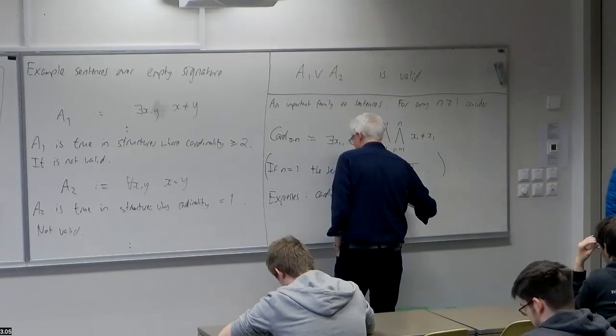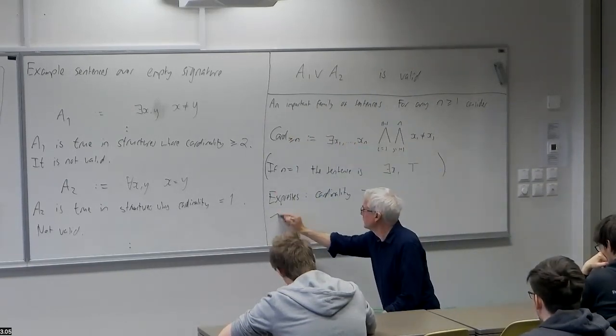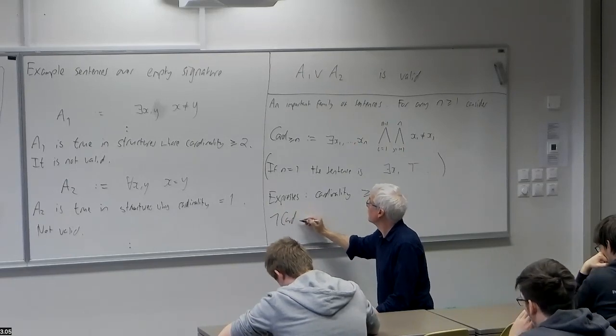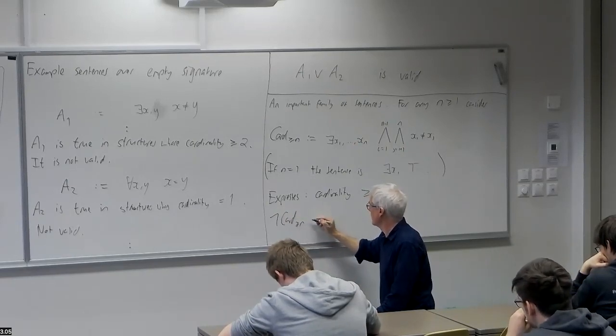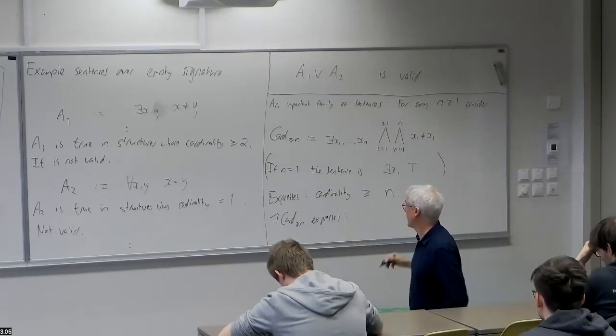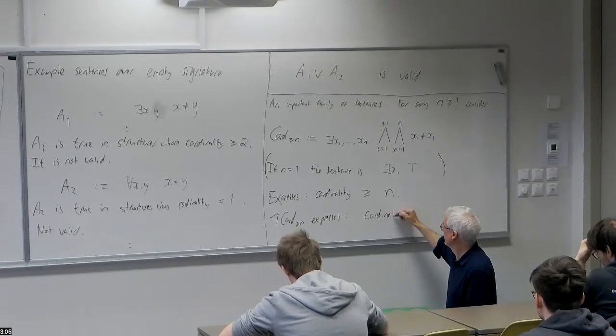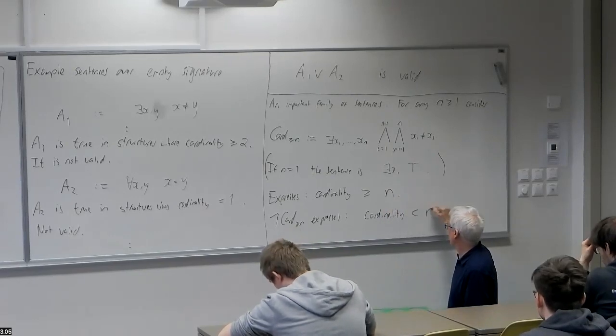And its negation, of course, expresses that it's not true that the cardinality is greater than or equal to n. In other words, the cardinality is strictly less than n.